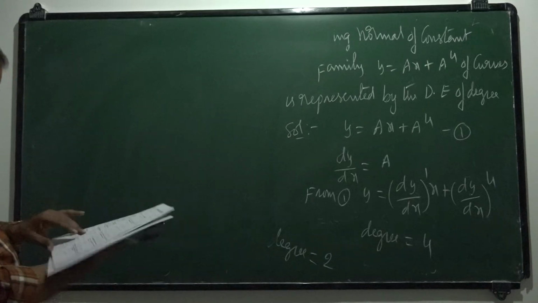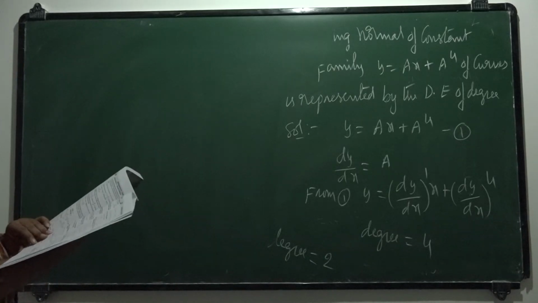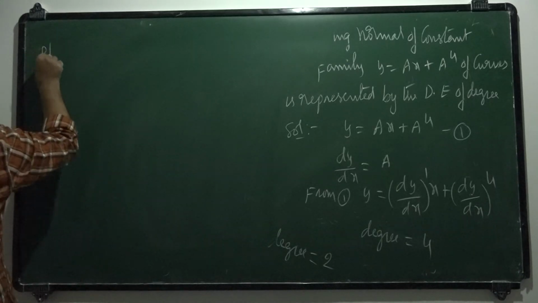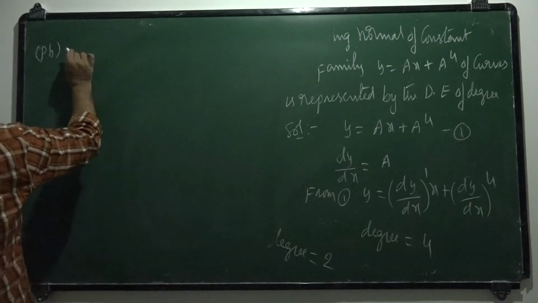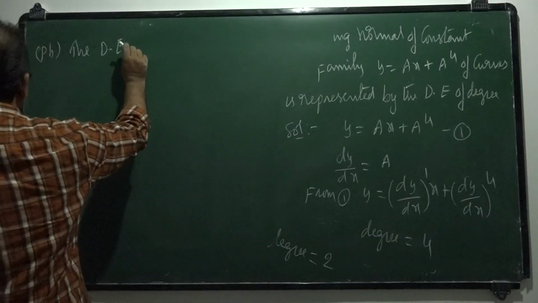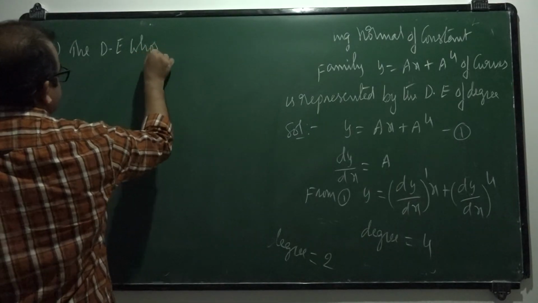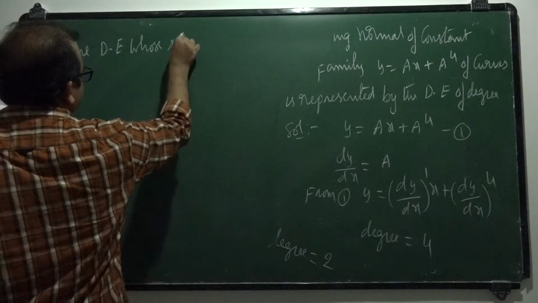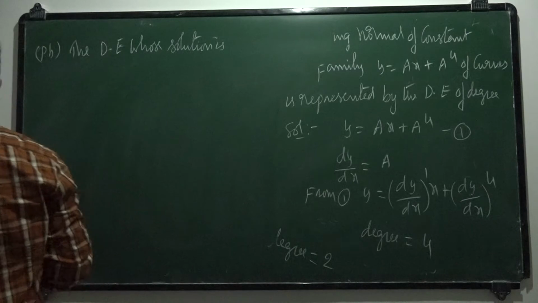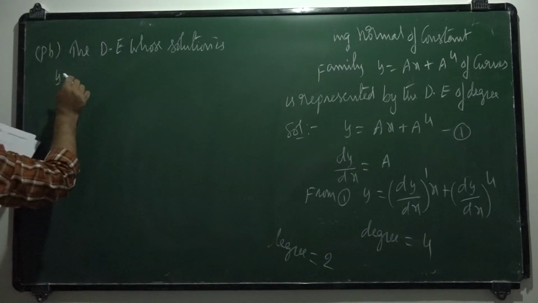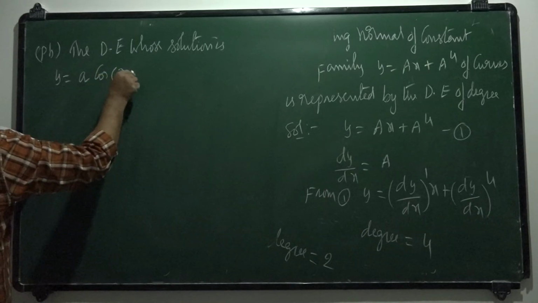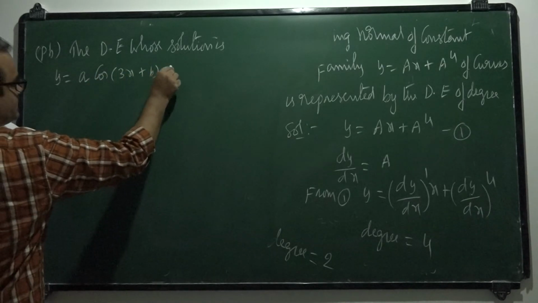Next, formation of differential equations. How to form a differential equation? Write one problem. The differential equation whose solution is y is equal to a into cos of 3x plus b.